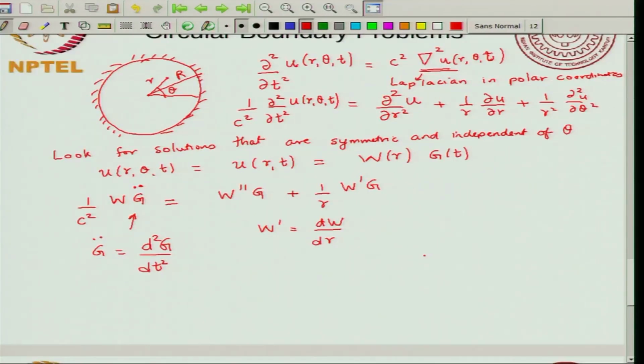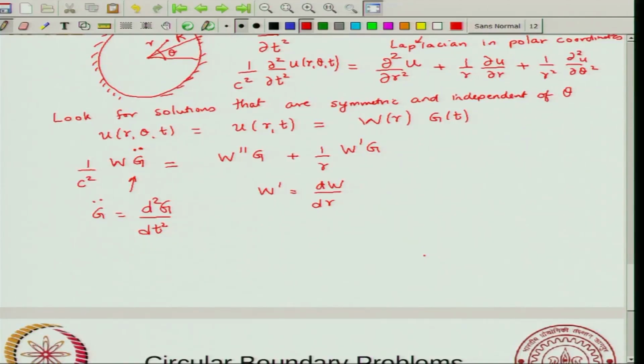Now I can divide this equation by w g, so we get 1 by c square g double dot by g is equal to w double prime by w plus w prime by r w. The left hand side is only a function of t, and the right hand side is only a function of r.